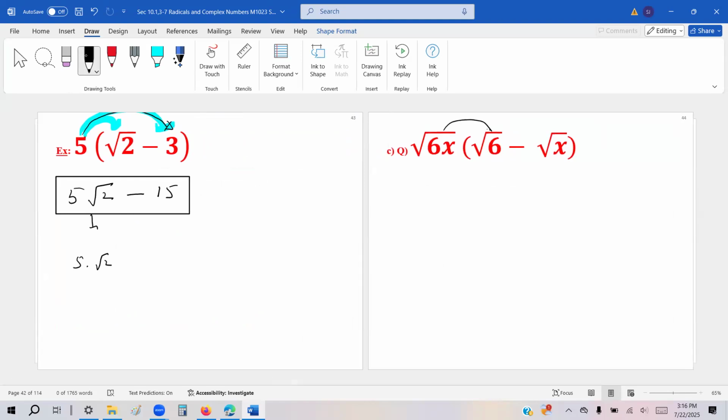Now we do the same thing. We have square root of 6x, and you're multiplying square root of 6. Then you're multiplying this square root of 6x times square root of x. Now this time, can you multiply that inside?